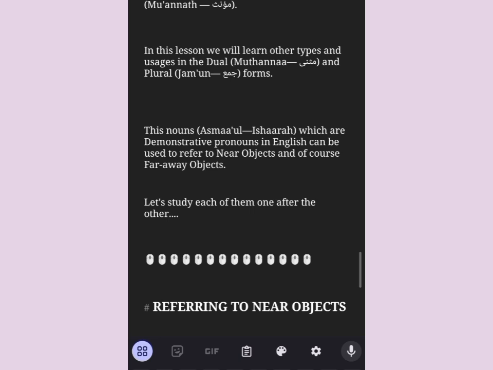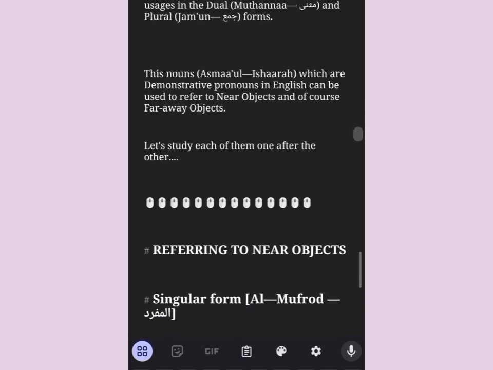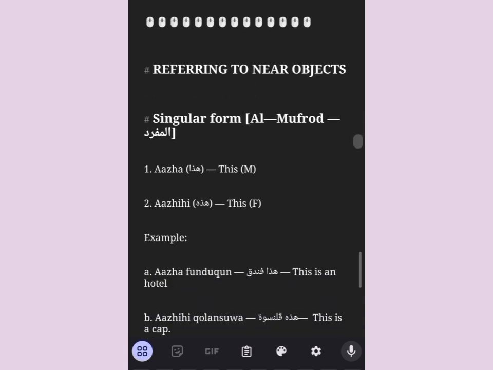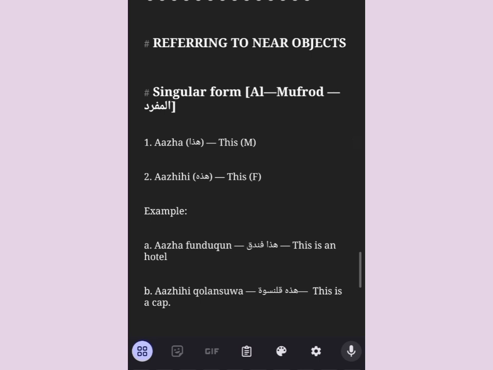All right. So now let's look at these demonstrative pronouns that are used to show something near in Arabic. So let's look at referring to a near object.